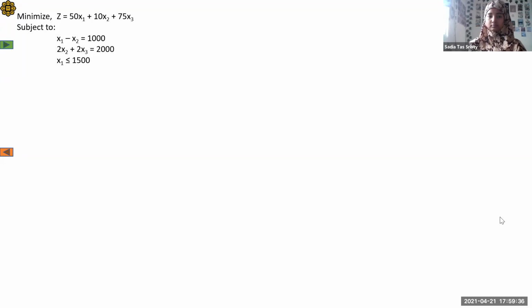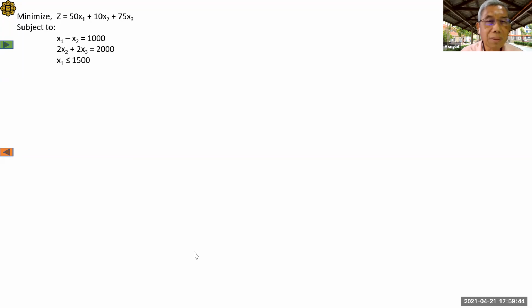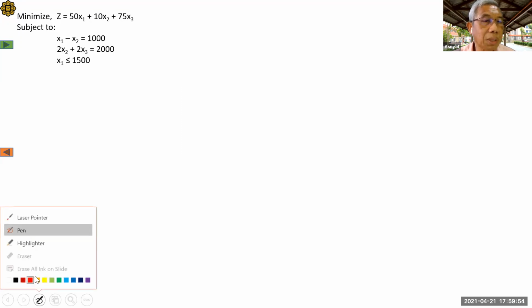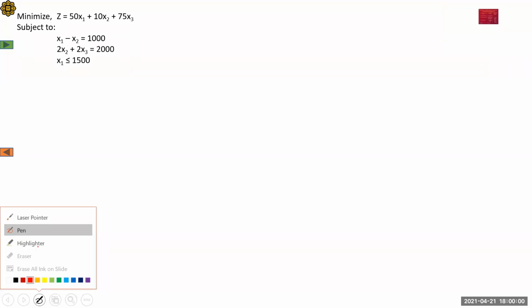Okay, we start all over. What do you see? Minimize Z equals 50x1 plus 10x2. Is it what you see now? Yes.